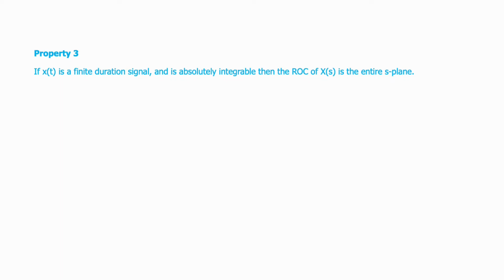If x of t is finite duration, I think you all know it very well, that is within a bracket you take 1, 2, 3. So this is called finite duration.